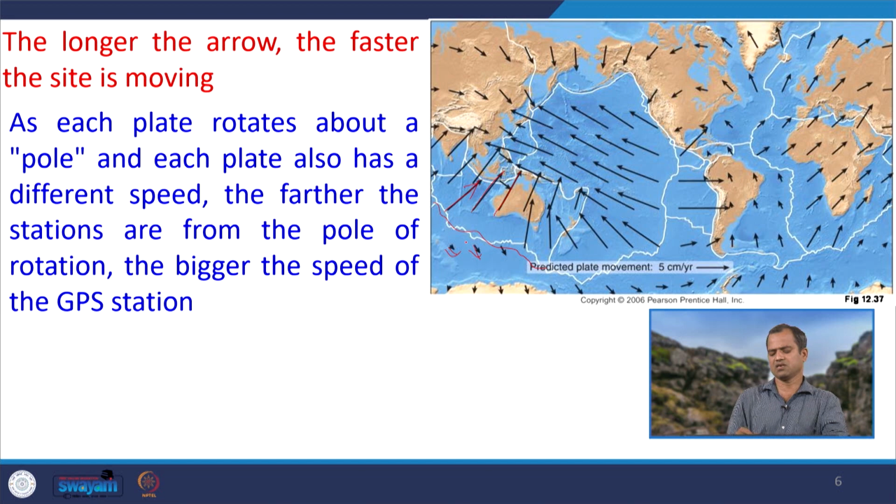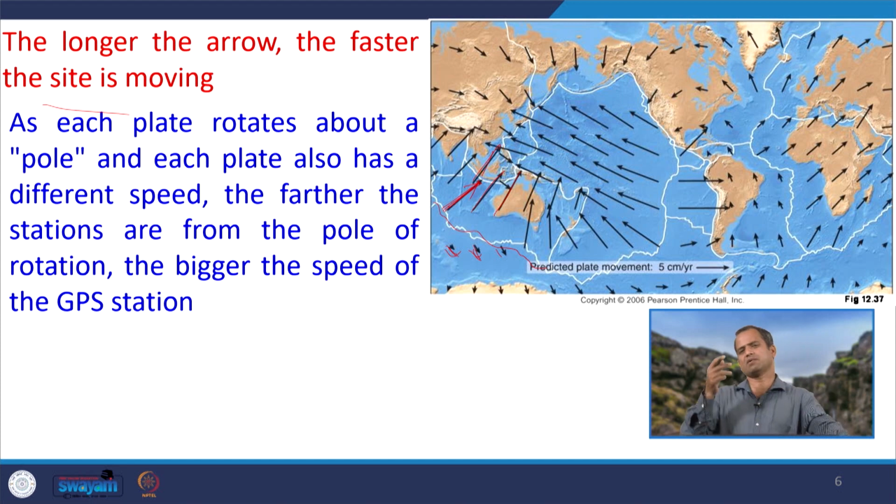Now imagine this mid-oceanic ridge system, we know it is a divergent plate margin, so the 2 plates are moving in 2 different directions. The length of the arrow indicates the rate of movement, that means how fast it is moving. So, the longer the arrow, the faster the movement.